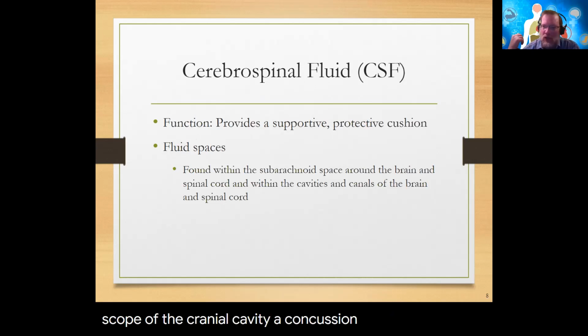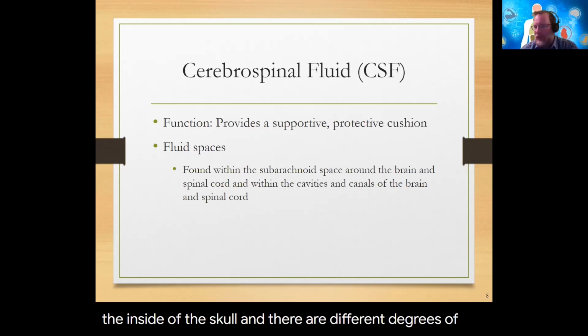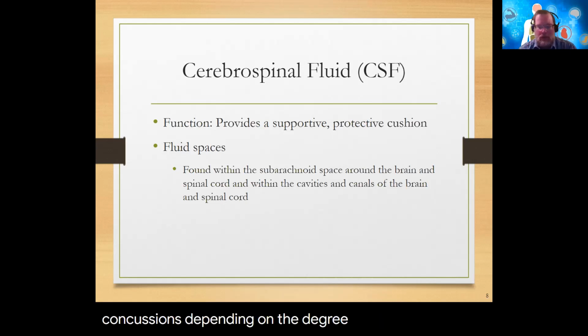A concussion occurs when the brain passes through that safety barrier, these meninges and that fluid, and makes contact with the inside of the skull. And there are different degrees of concussions depending on how hard the brain made contact and how much of the brain made contact.